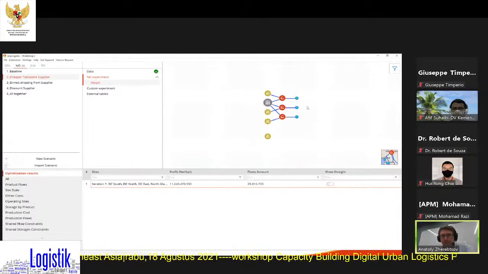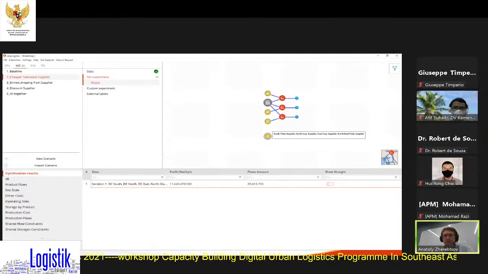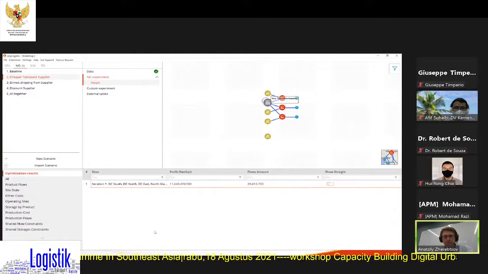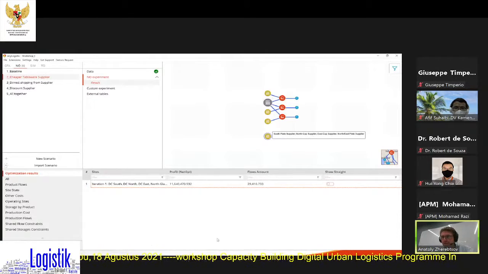And we'll notice that, yes, several previous suppliers were excluded from the optimal solution because that one is cheaper. So it replaces initial suppliers for plates and cups, for all the distribution centers, and supply is cheaper. Obvious result, right?